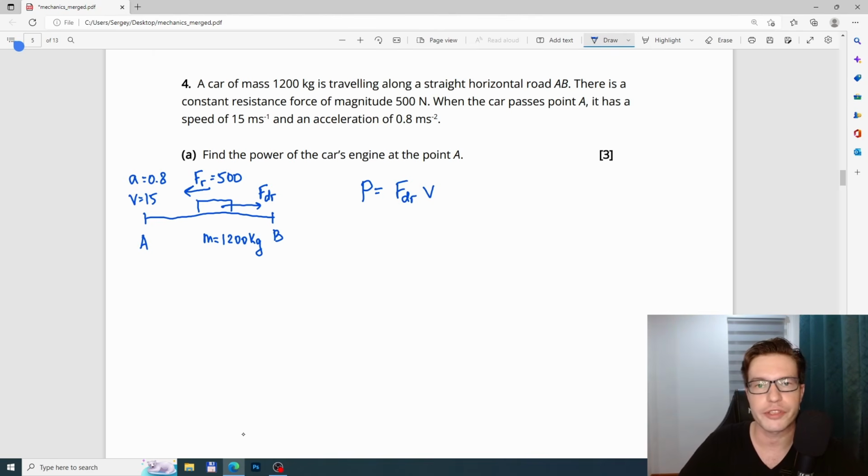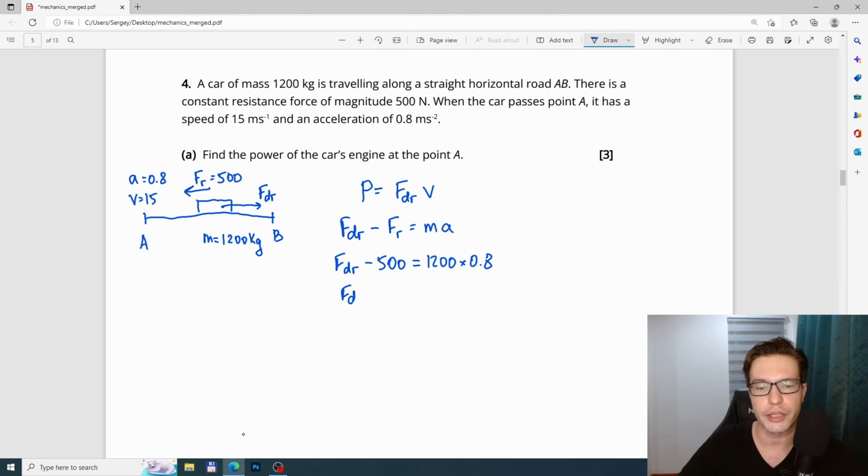Now, for that we can use the second Newton's law, the sum of all forces equals mass times acceleration. So I will do the driving force minus force of resistance equals ma. We know that the force of resistance is 500 newtons, the mass of the car is 1,200, and acceleration is 0.8.